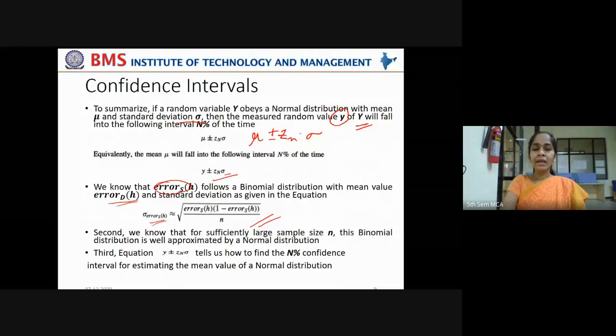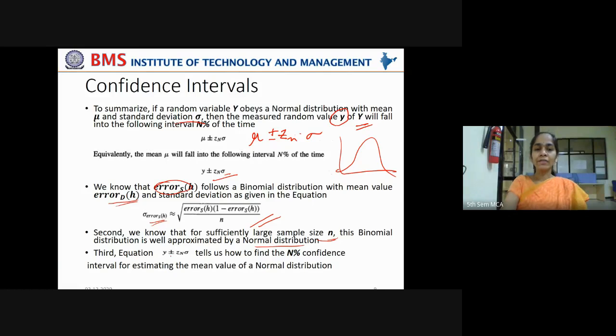Now, secondly, we know that for sufficiently large sample size n, this binomial distribution is well approximated by a normal distribution. If you go on increasing the size of the sample, a binomial distribution will tend to follow a normal distribution, that is the bell-shaped curve. You go on increasing the number of samples, most of the time it tends to follow this normal distribution.